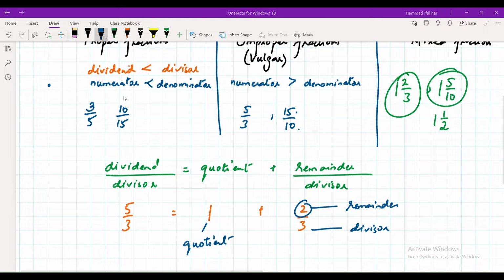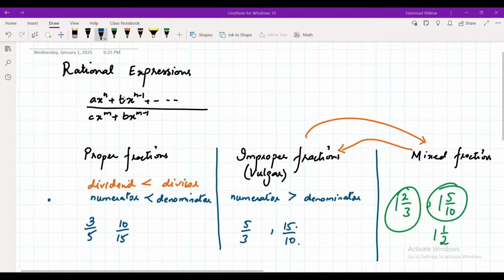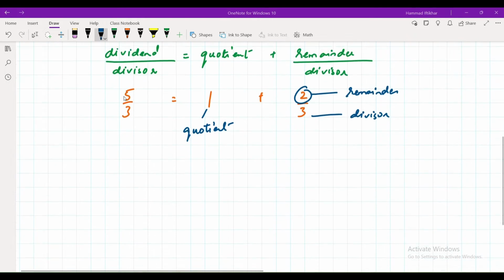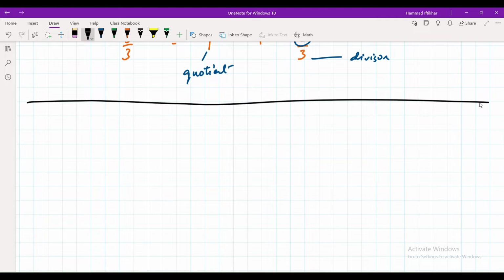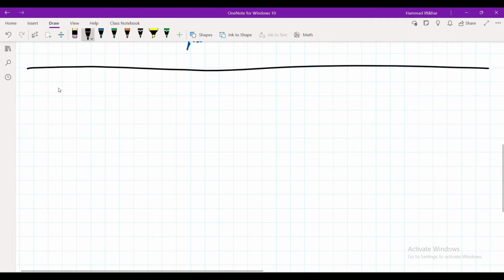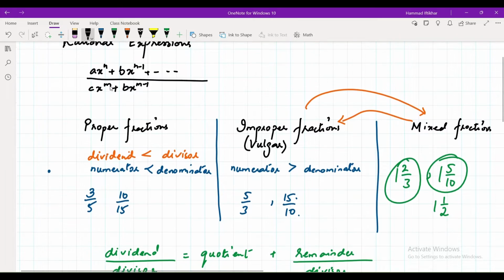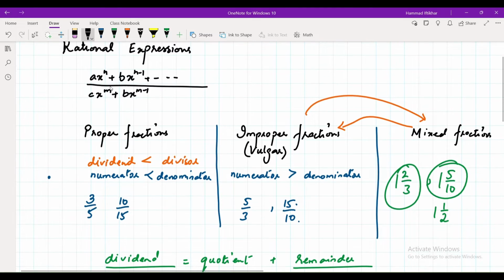So now let's see what happens when we have rational expressions. For rational expressions, we will have a similar categorization: proper, improper, and mixed expressions. So how do we categorize them? For proper, it's the order of the polynomial this time that will matter.